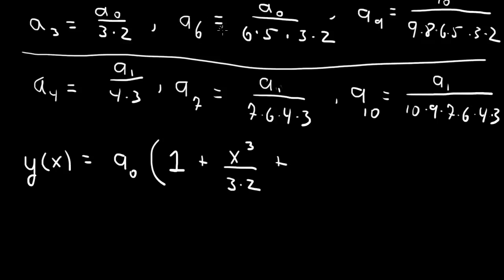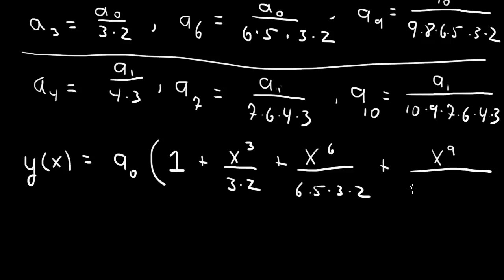The next term is a6, so that will be x to the 6 over 6 times 5 times 3 times 2. And the last term is x to the 9th over 9 times 8 times 6 times 5 times 3 times 2. And that becomes our first power series.